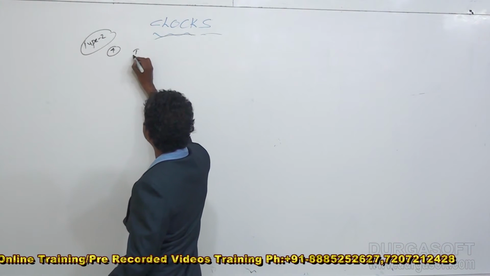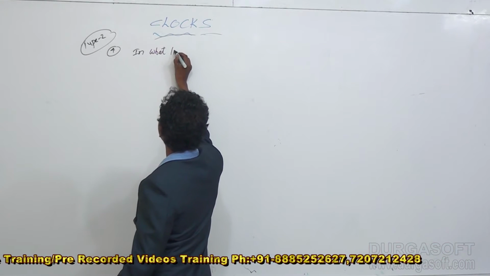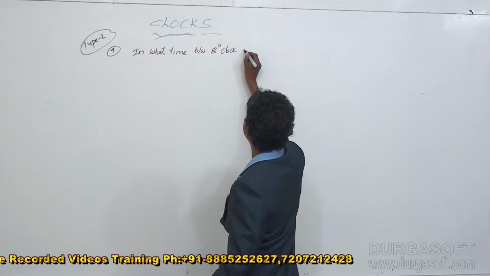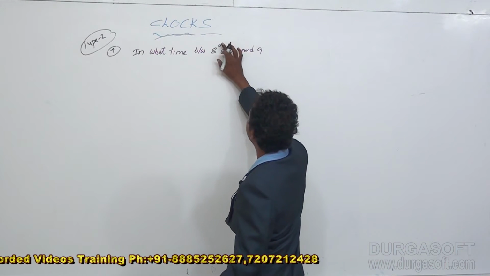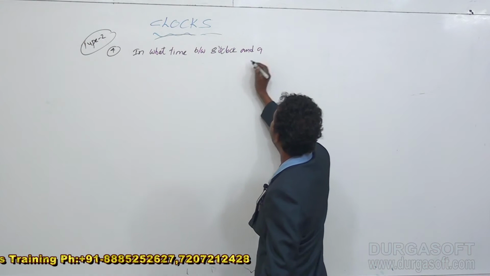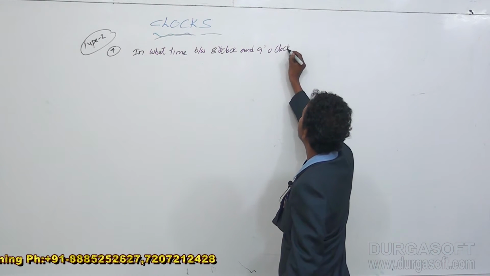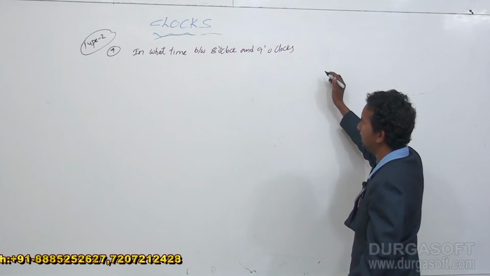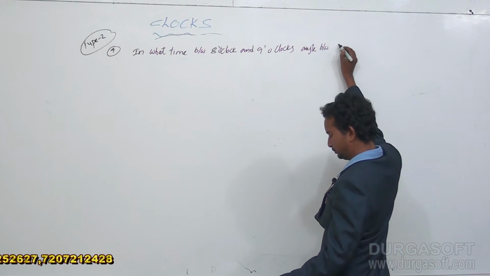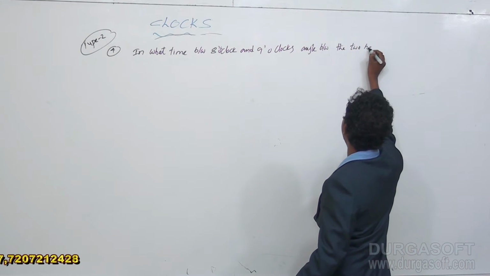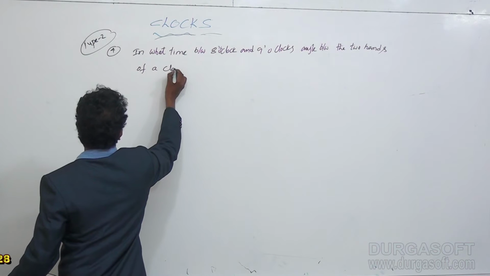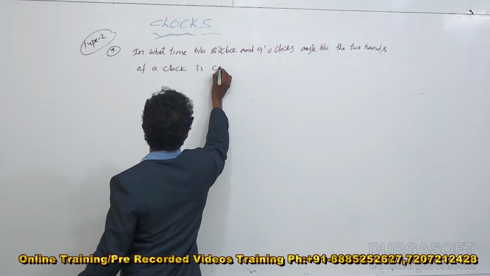Now, in what time between 8 o'clock and 9 o'clock is the angle between the two hands of a clock coincident?